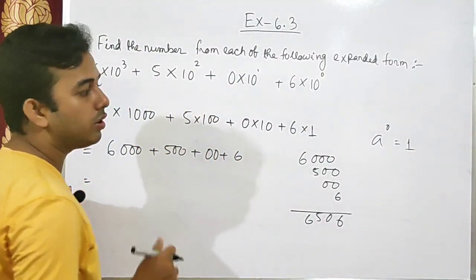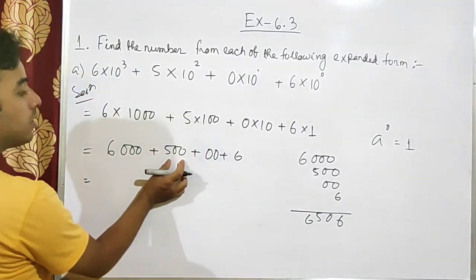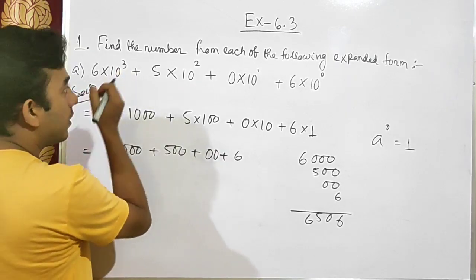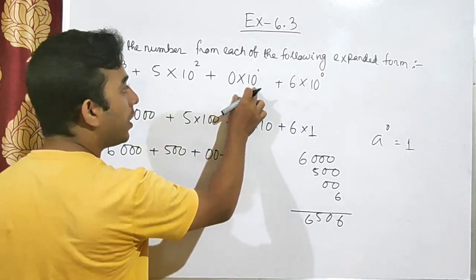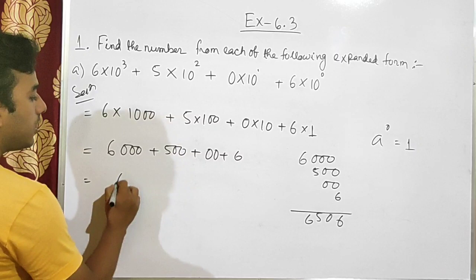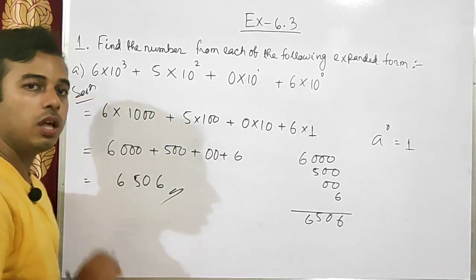Did you understand? Because this is in the 10th place, this is in the 100th place, this is in the 1000th place. Here we have multiplied with 1000, here with 100, here with 10, here with 1, isn't it? So the number will be 6506. I hope this is clear to you.